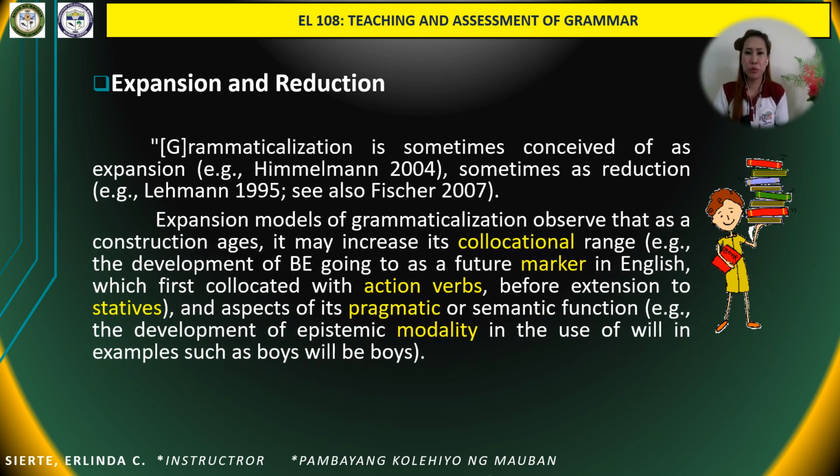So expansion models of grammaticalization observe that as a construction ages, it may increase its collocational range, like the development of BE going to as a future marker in English, which first collocated with action verbs before extension to statives, and aspects of it, which is the pragmatic or semantic function.